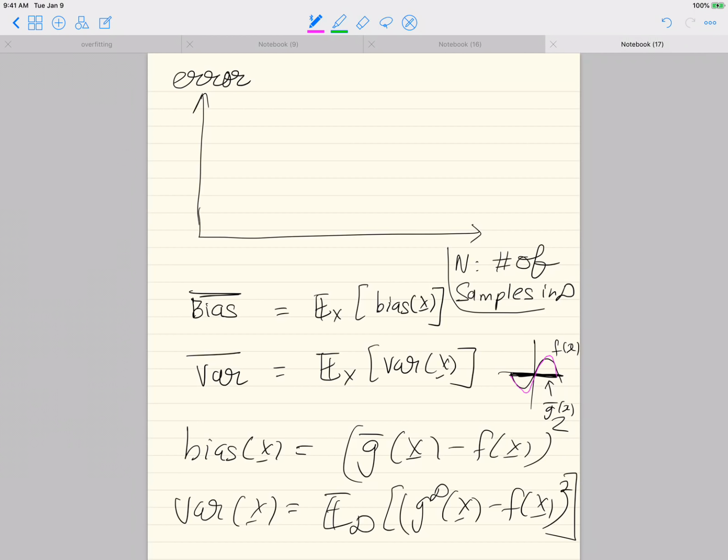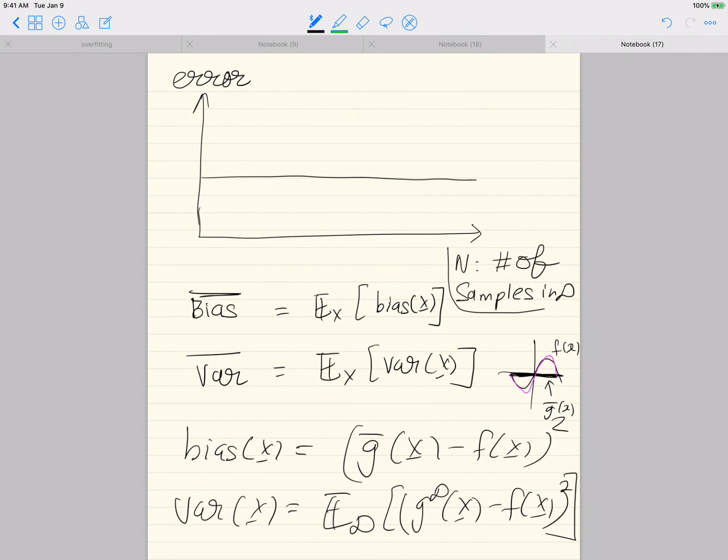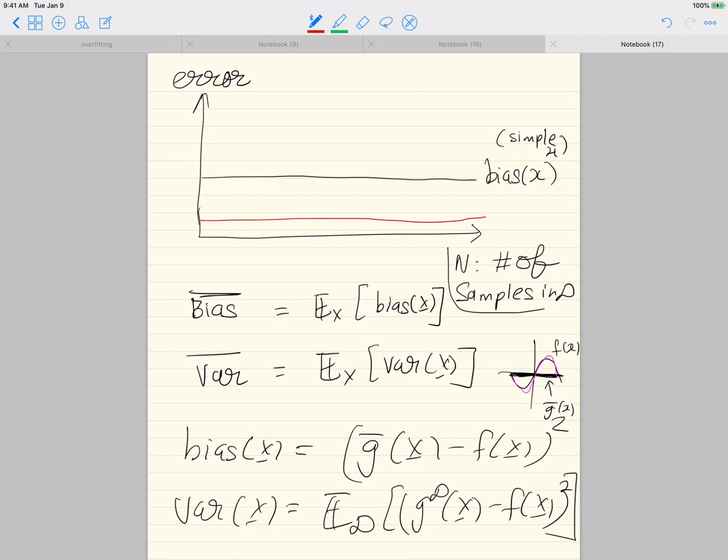So you're right that the bias is actually a constant function. This is how the bias of x will look. Now, if your hypothesis class is complex, then the bias will be lower, somewhere here. So this is for a simple H, and this will be for a complex H.